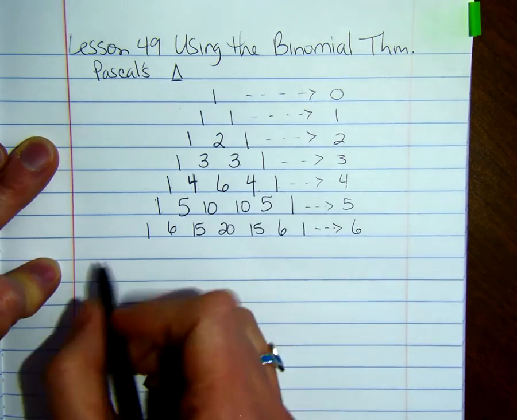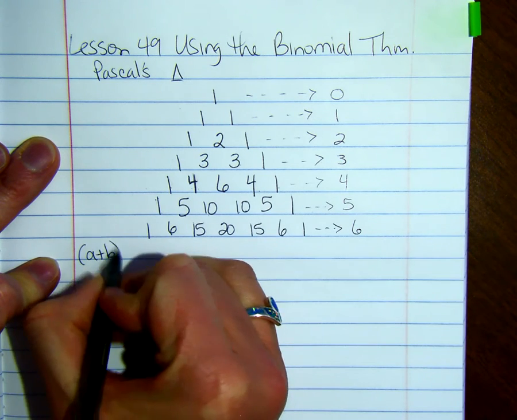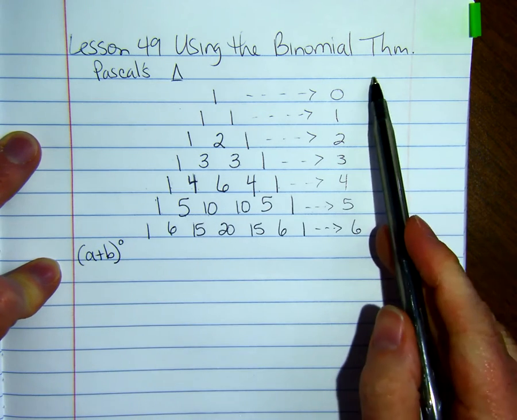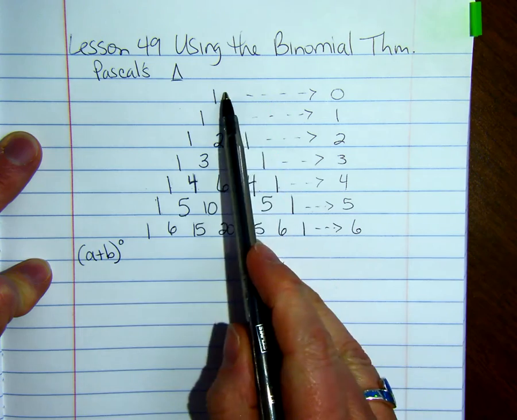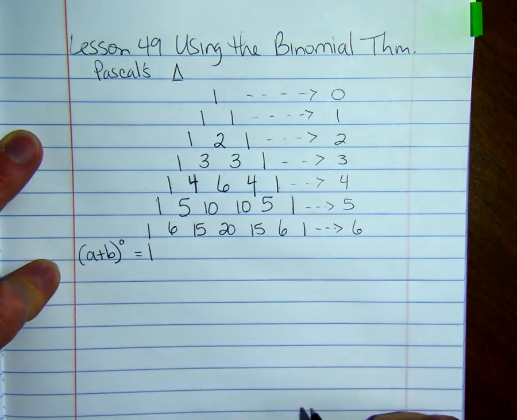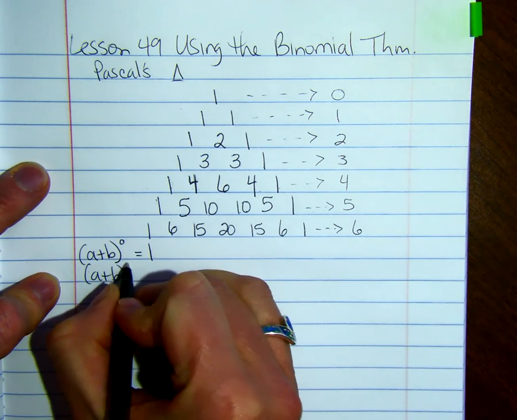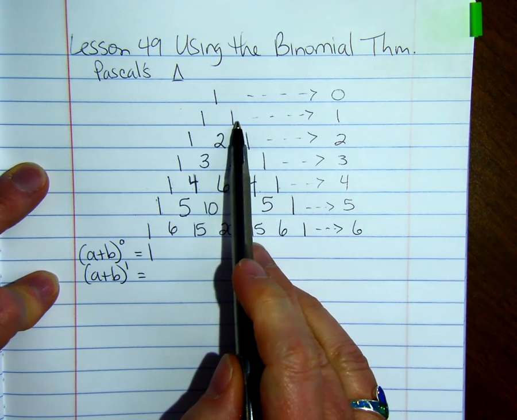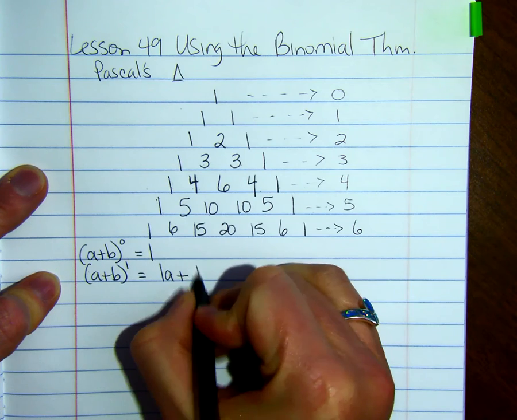So the binomial theorem says that if you have two numbers raised to a power, you can look at Pascal's triangle at that row. So a plus b to the 0 power is just 1. And then a plus b to the first power, you use the 1 and 1 as coefficients. So it's going to be 1a plus 1b.